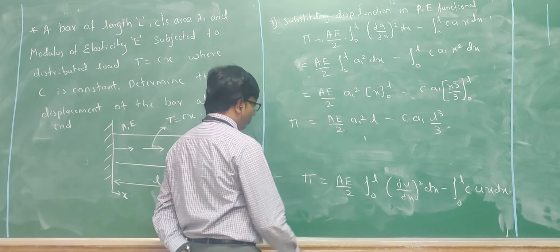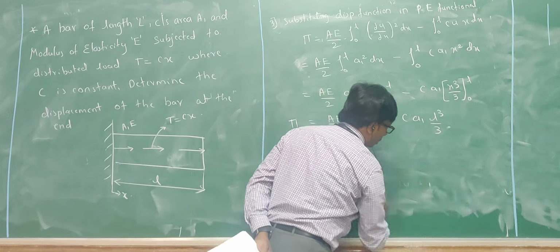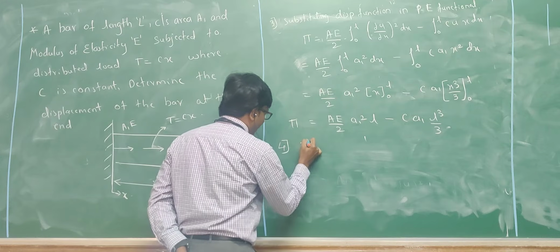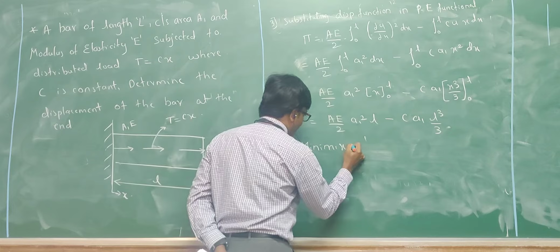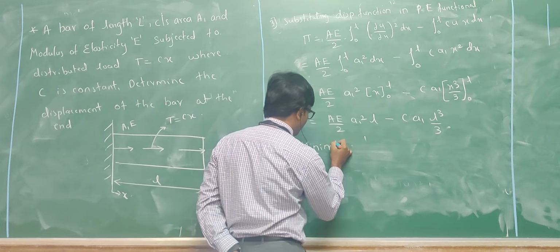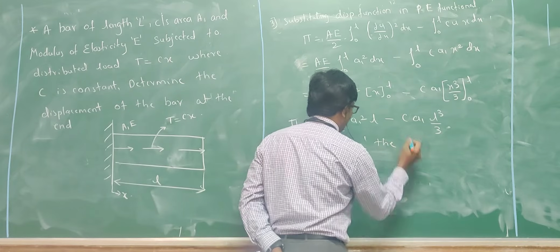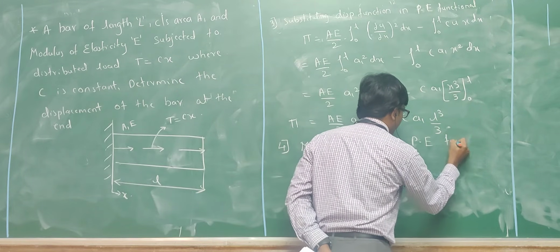So next step will be minimizing the potential energy function. So the fourth step is minimizing the potential energy functional.